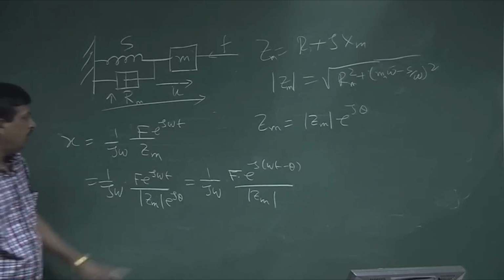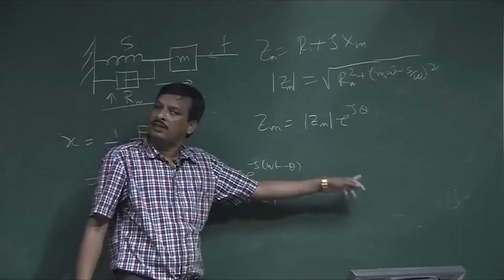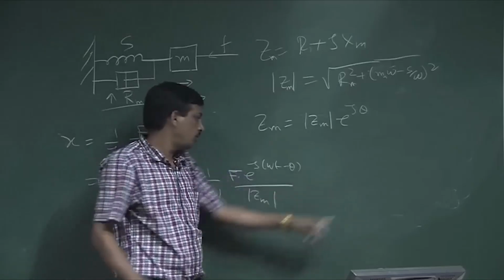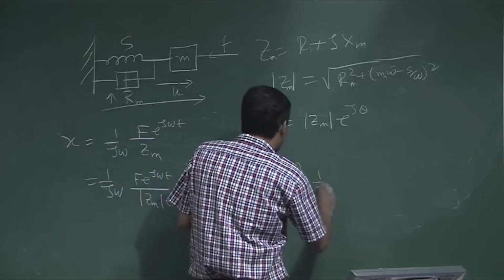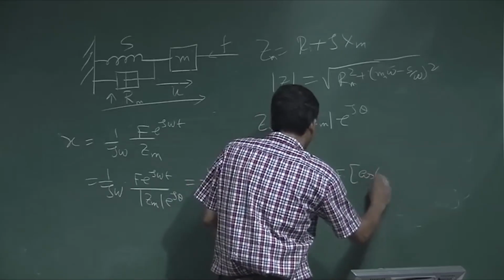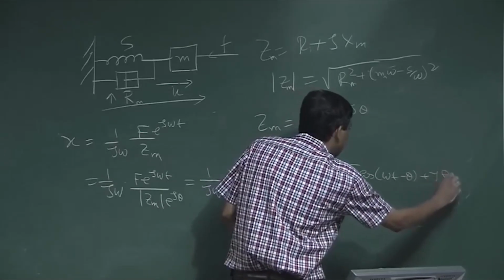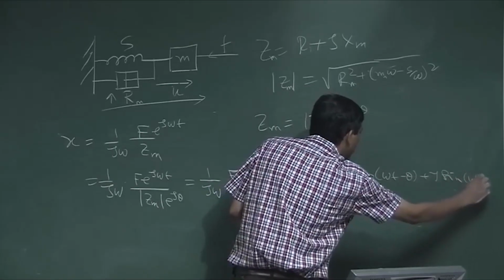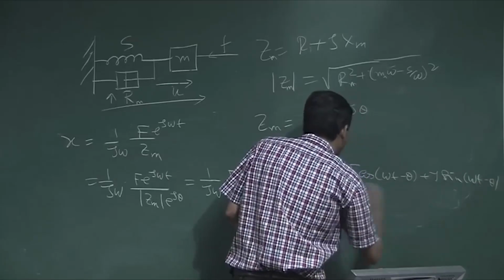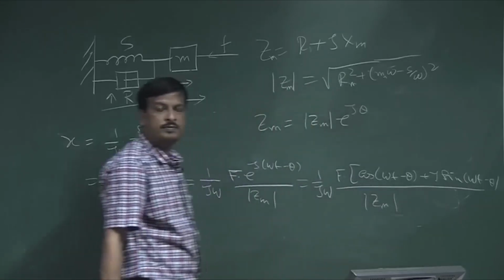Okay. Now, e to the power j theta is cos theta plus j sin theta. So I can express this term as 1 by j omega into f into cos of omega t minus theta plus j sin of omega t minus theta, divided by mod of Zm.